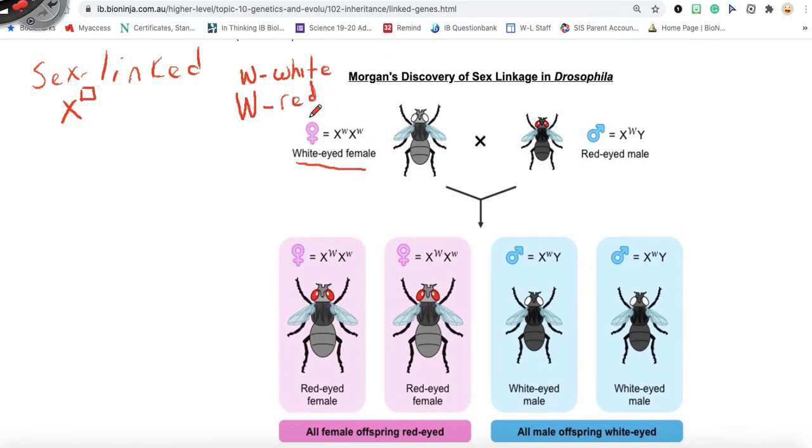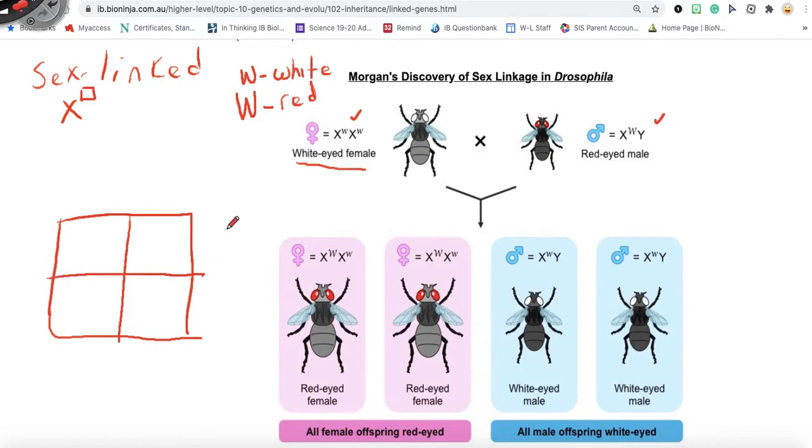So red is dominant over white. So what if you're crossing a homozygous white-eyed female with a red-eyed male? So if you remember, in a Punnett square like this, it doesn't matter where you put the male or the female, little w, and then the male here, big W, and then nothing on the Y chromosome.